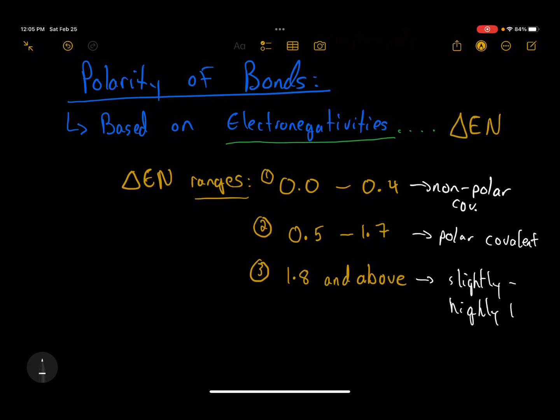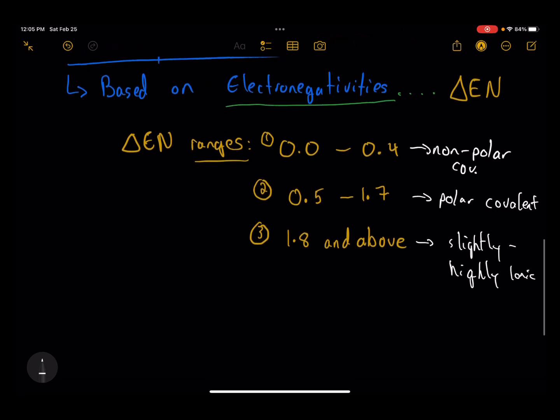Now, there's a couple of exceptions. So, for example, H and F has an electronegativity difference of about 1.8, but it's not ionic. Some people would classify this as slightly ionic, but we know that there's not a metal and a non-metal here.